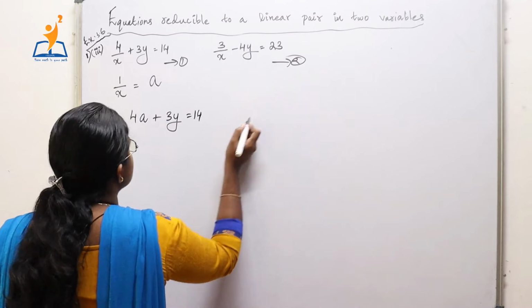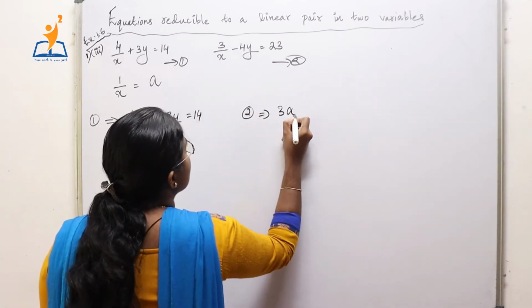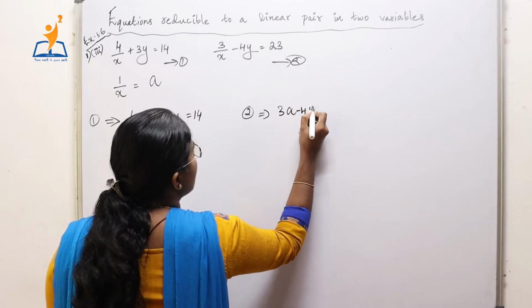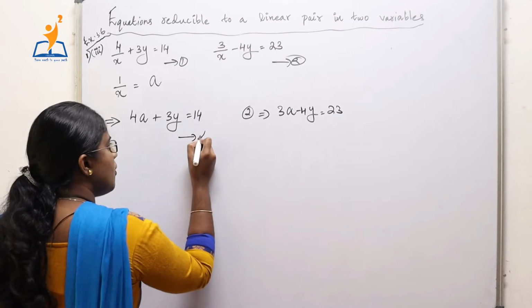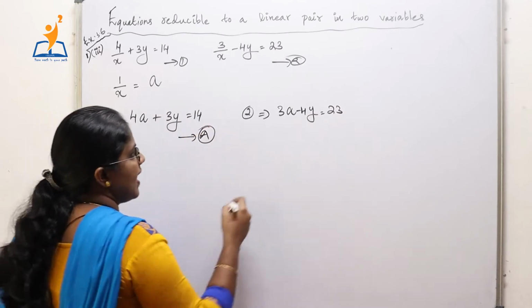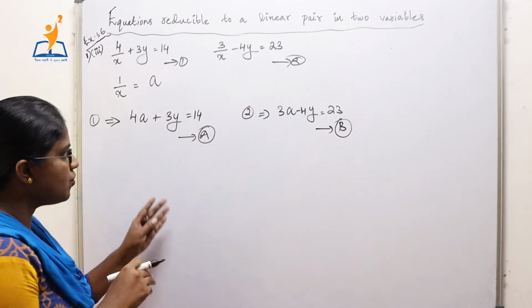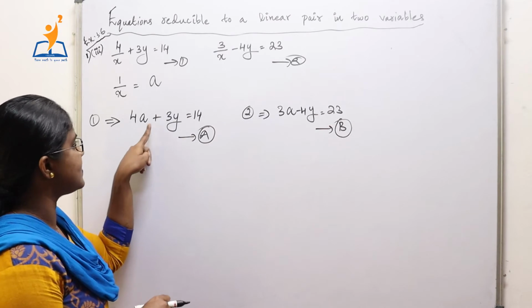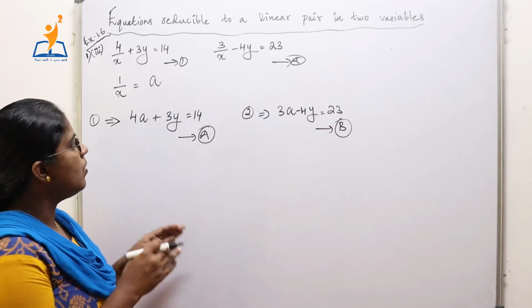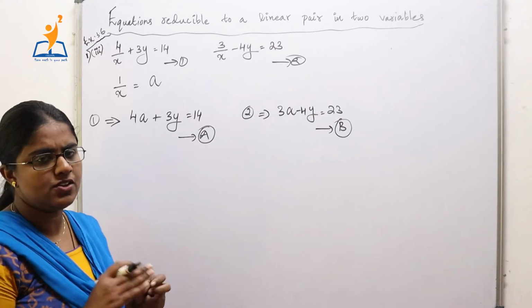And again equation number 2 will become like this, 3a minus 4y equals 23. So this is the new form of equation number 1, that is A, and this is the new form of equation number 2, that is B. So we got a pair of linear equations in two variables, and here the variables are a and y.